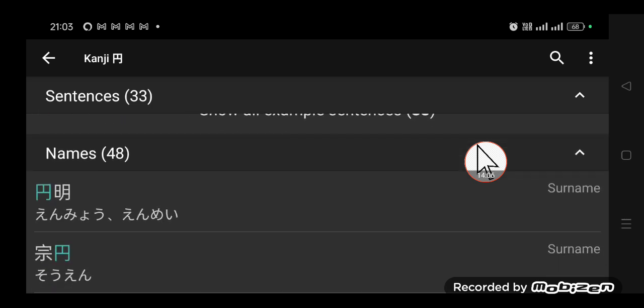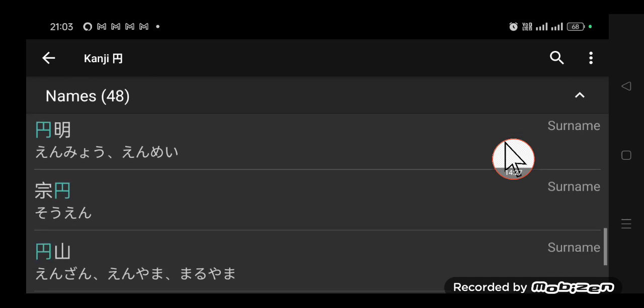Okay. And then here we have the proper nouns or names. Enmyo, enmei. You can see directly below the kanji, written in gray fonts, the kana writing, which will readily tell you the reading for the names. Enmyo and Mei.